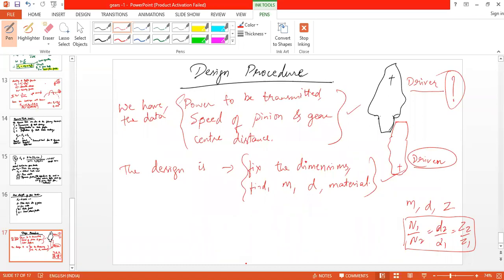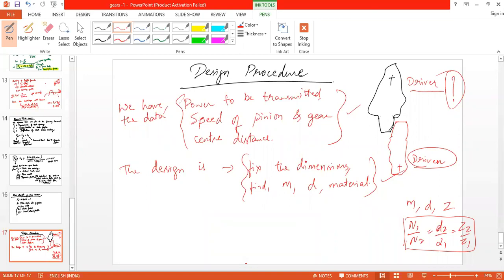In that, which was the weakest member, either shaft or the key? Key was the weakest, because it was easy to replace the key instead of replacing the shaft.